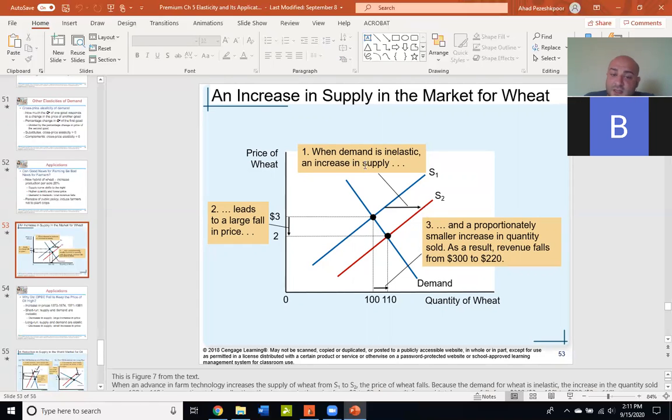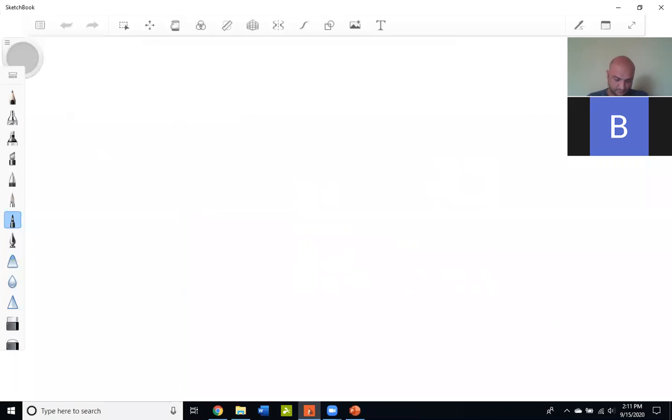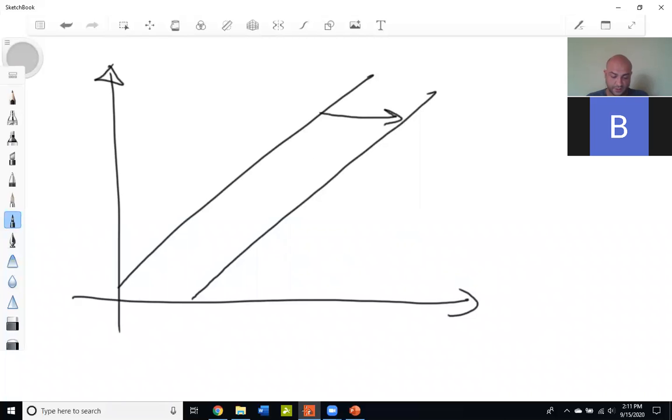When demand is inelastic and there is an increase in supply, since demand for wheat is inelastic, let's say this is our supply curve, it will shift from here to here, and our demand curve is inelastic, so it's almost vertical, something like this.